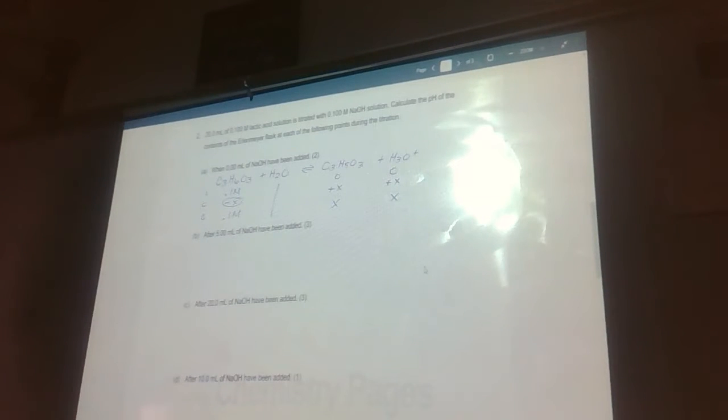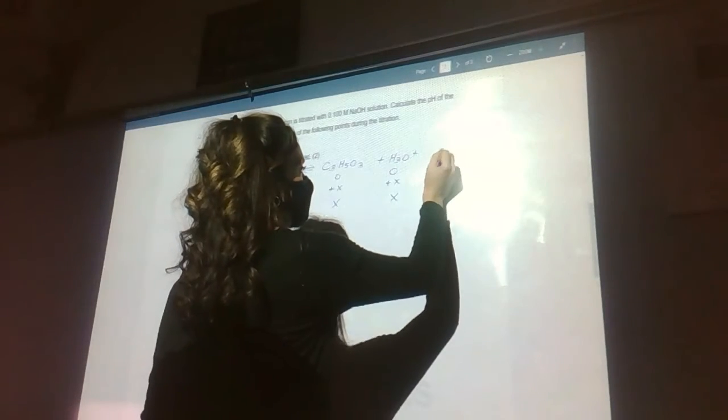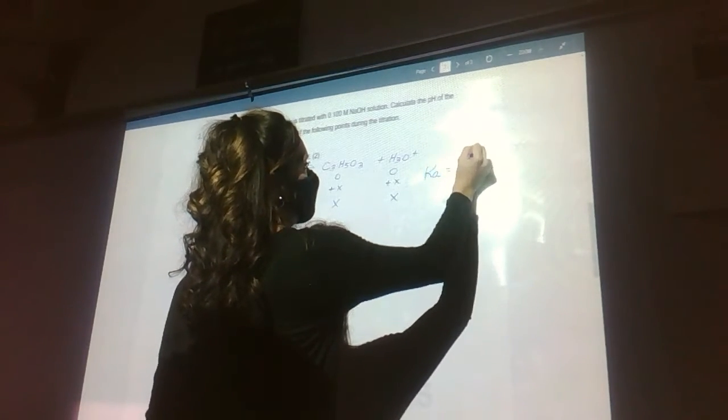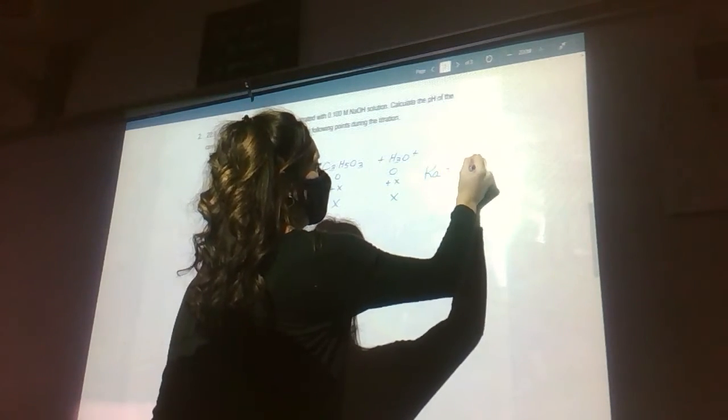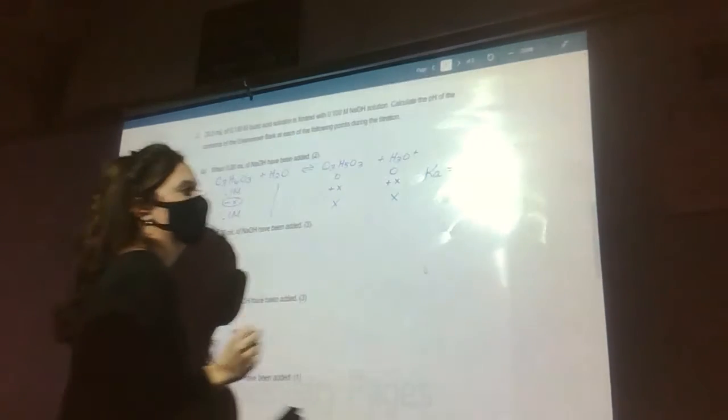To find the pH of a weak acid, which is all it is in the beginning, you do Ka equals X squared over 0.1. The Ka was given in question 1, so you plug that in.